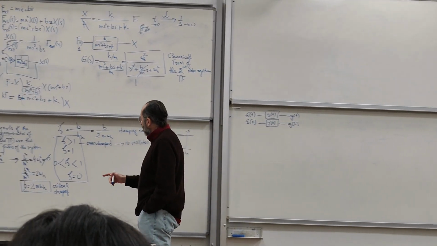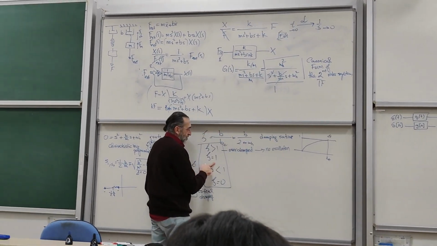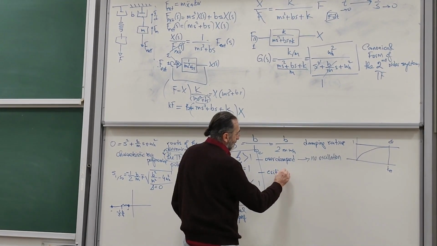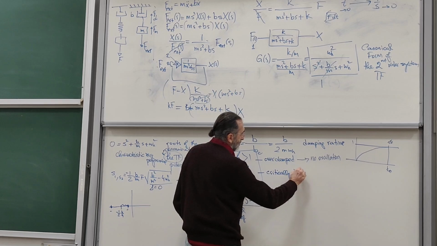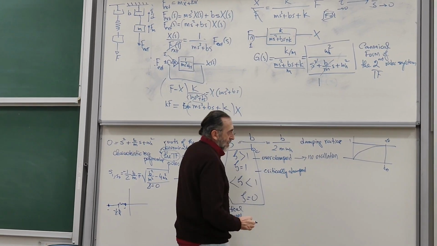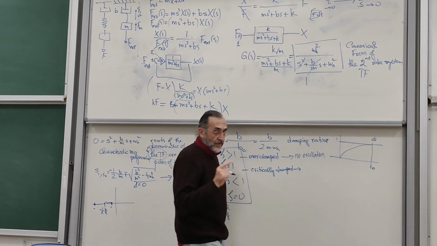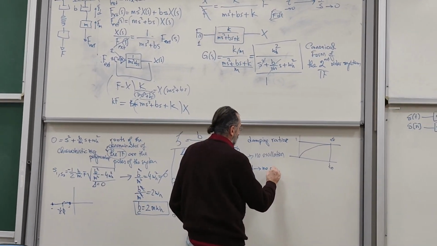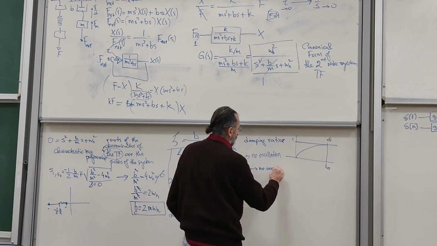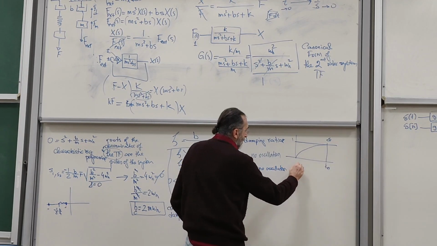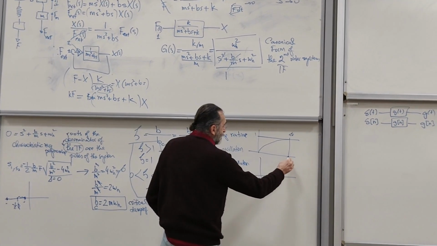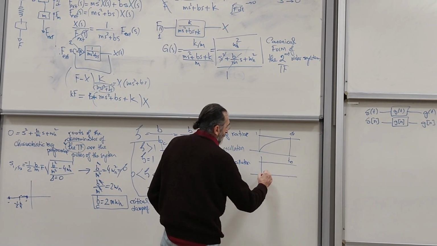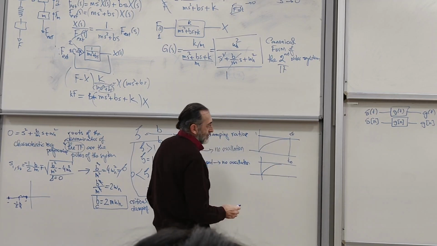If it's 1, then the system is critically damped. Then the system has no oscillation, but the system is reaching this value in the shortest amount of time.